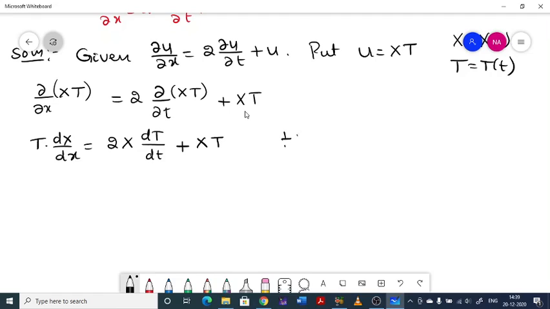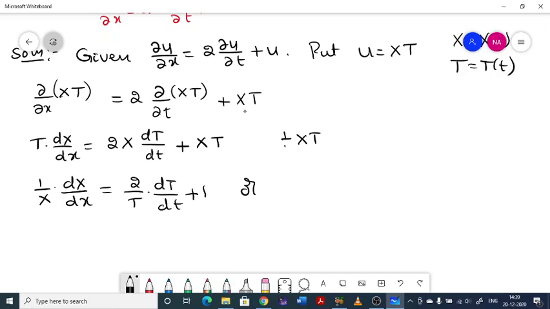So divide both sides by capital X into capital T. You'll get 1 by capital X into d capital X by d small x equal to 2 by capital T into d capital T by d small t plus 1. Let us call the common value as k.